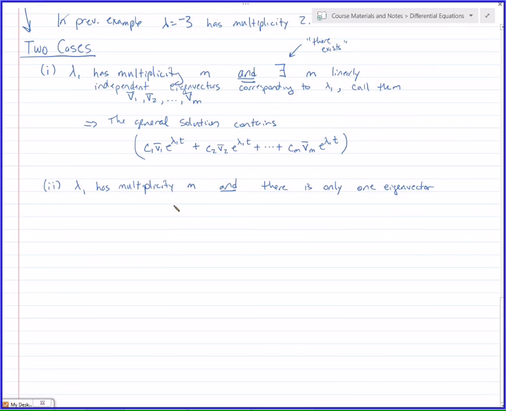Actually, I may not even refer to that. We'll do the general case of the worst case scenario. Lambda 1 maybe is repeated, but only one eigenvector goes with it. What do we do when that's the case?